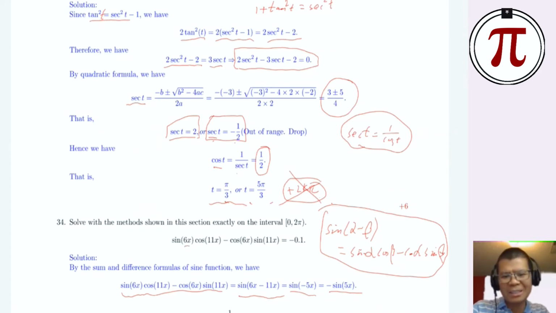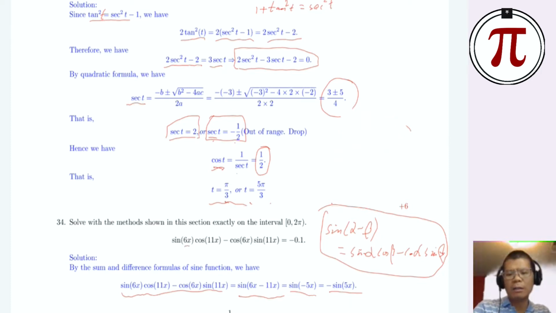26 is a lot easier, right? 26 is cosine t equals 1/2. For cosine t equals 1/2, it is very easy to identify the values of t on the interval 0 to 2 pi such that cosine t is 1/2.